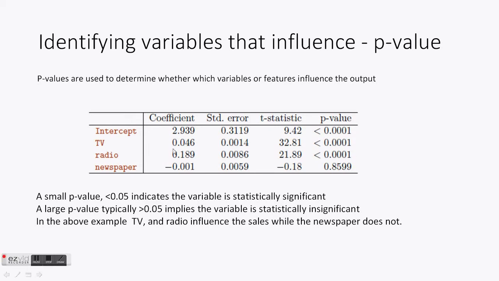So since TV and radio have a very small p-value, we can say that TV and radio actually influence the sales of the product, whereas newspaper has a p-value which is greater than 0.05, and hence we can conclude that the newspaper does not influence the sales of the target variable, and we can actually drop newspaper from our machine learning model and try it out again.